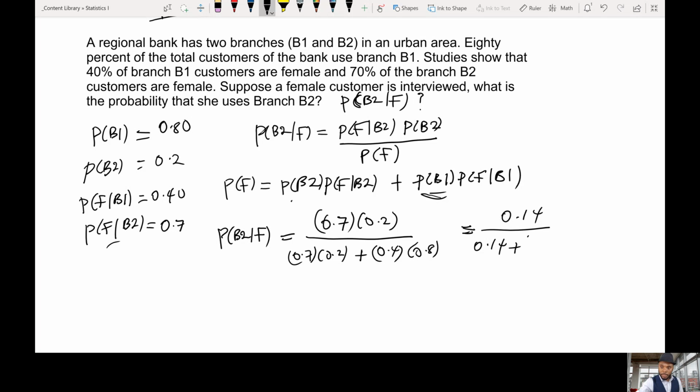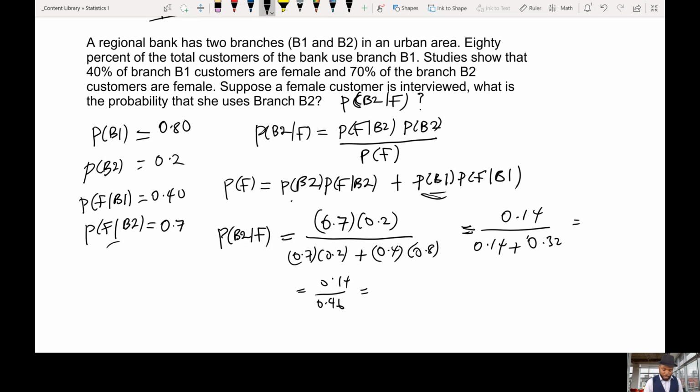That is 0.32. So that is equal to 0.14 divided by 0.46.